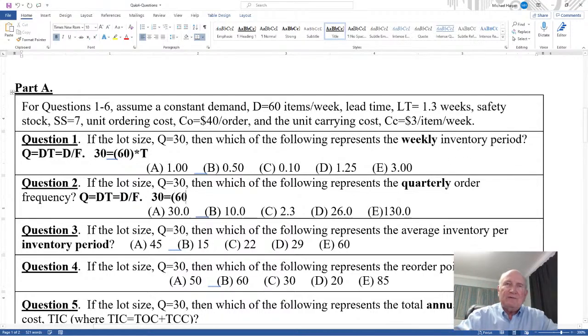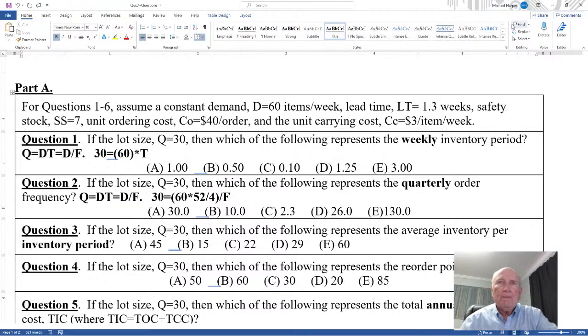Okay, so we have 60 per week. Transform that to a year times 52. If we're getting 60 a week times 52 over 52 weeks, that's how much we're going to get over a year. We divide that by 4 to get exactly what the quarter is going to be. So we take the annual divided by 4 to get a quarterly demand. Then we divide that by F and then solve that equation for F.